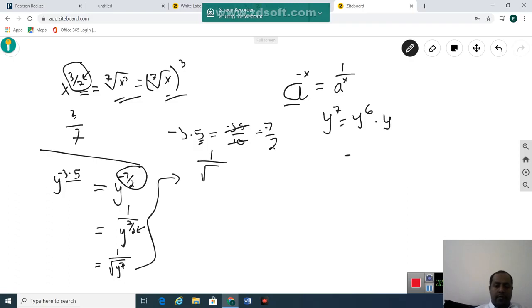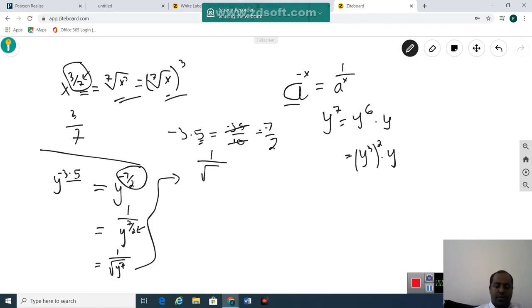And I know that y to the power of 6 is the same as y to the power of 3, to the power of 2. Why am I doing this? Because my index is 2.